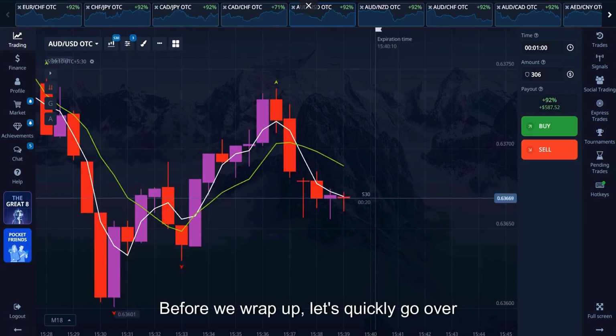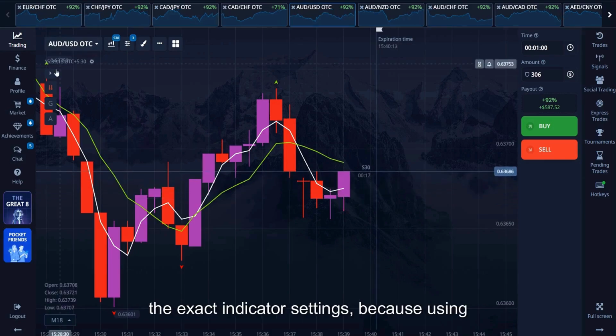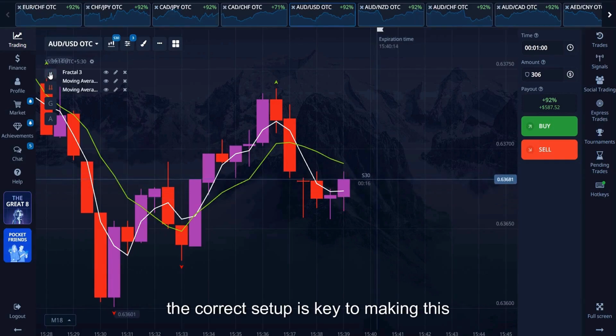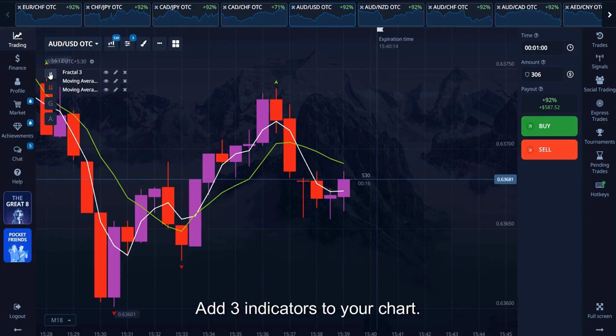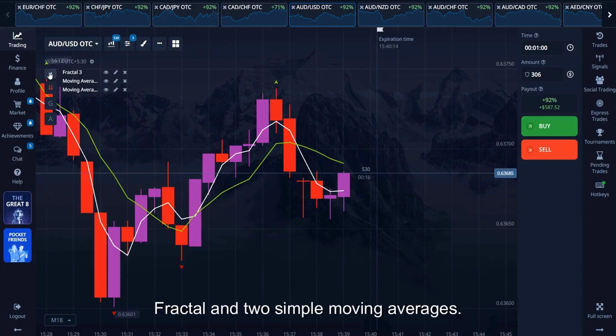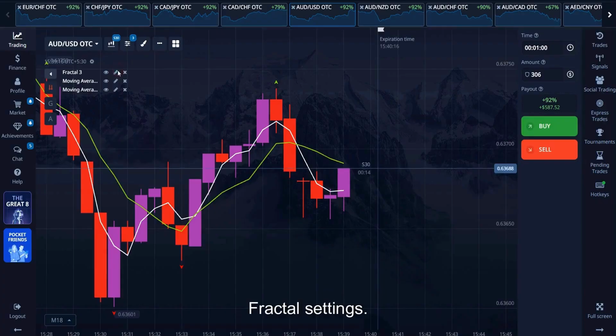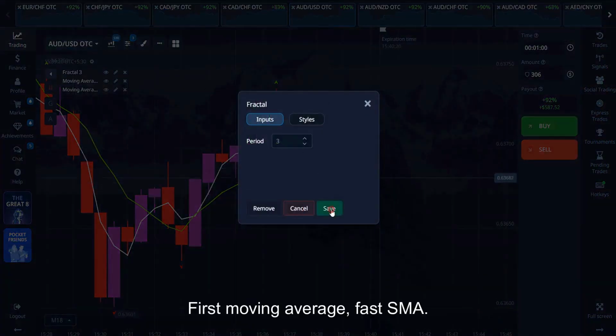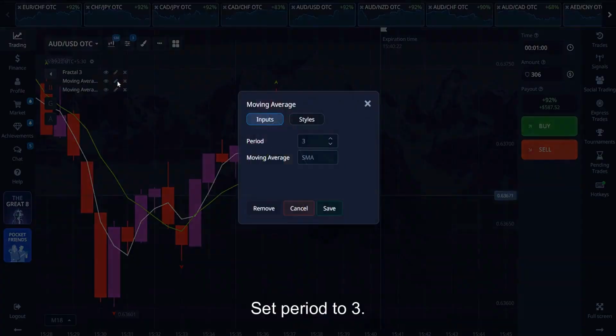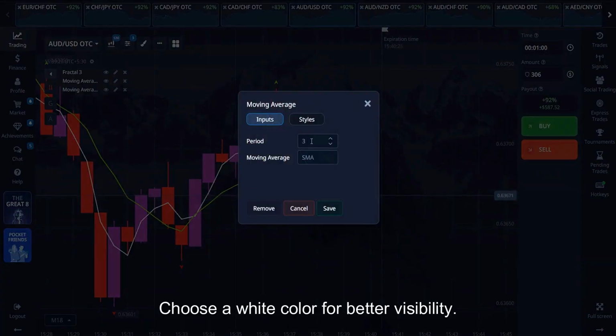Before we wrap up, let's quickly go over the exact indicator settings, because using the correct setup is key to making this strategy work smoothly. Add 3 indicators to your chart: fractal and 2 simple moving averages. Fractal settings: set the period to 3. First moving average, fast SMA. Set period to 3. Choose a white color for better visibility.